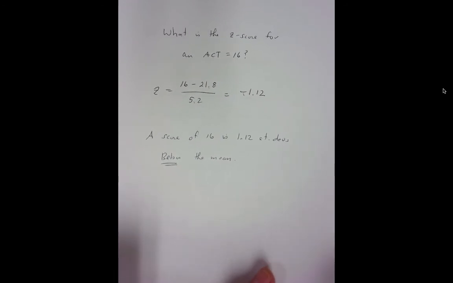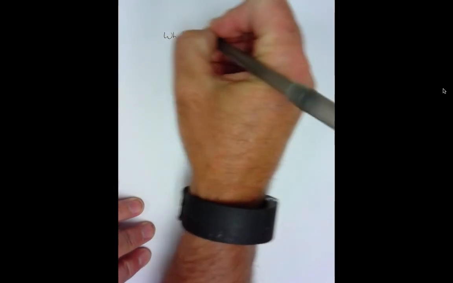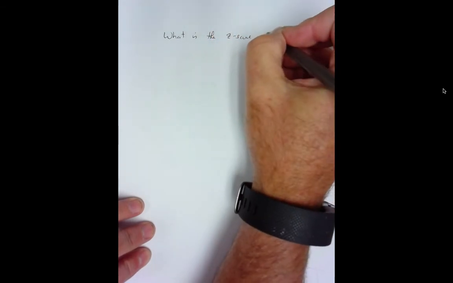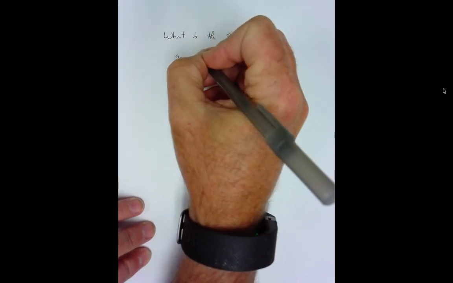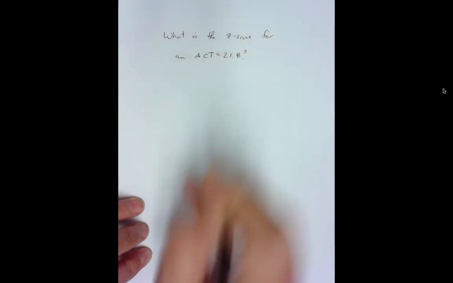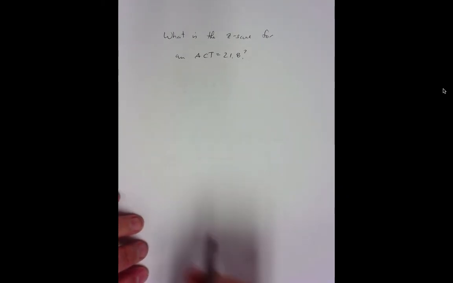What if a student has a score of 21.8? Now you might say, Dr. Darbro, you can't have an ACT of 21.8, you go 19, 20, 21. Let's just pretend, okay?